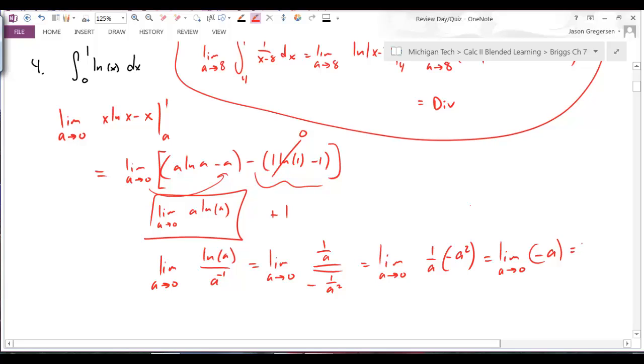And what is that limit? What's the limit of negative a as a goes to 0?